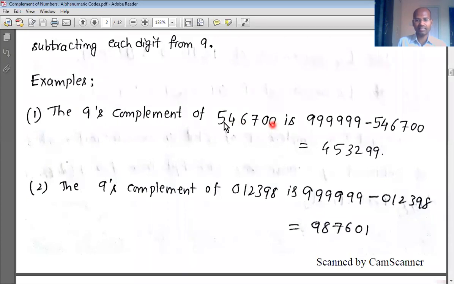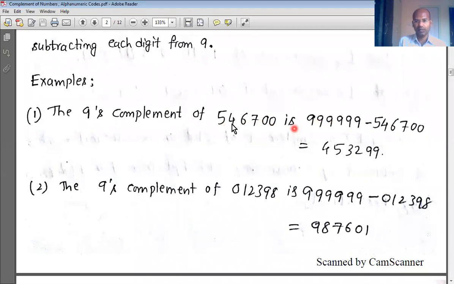There are 6 digits in the given number, and we have to subtract this number from the number which has six digits, all of them 9's.